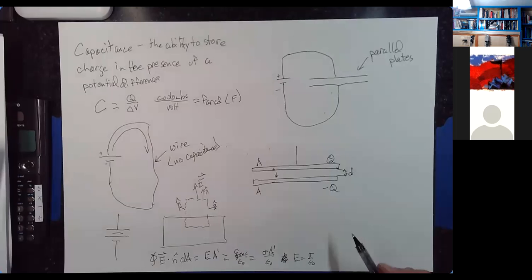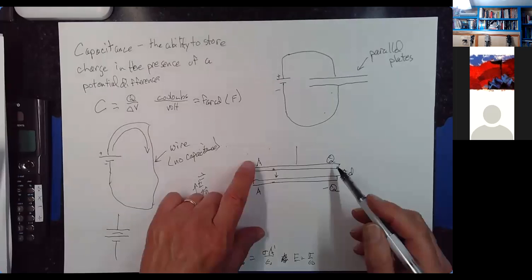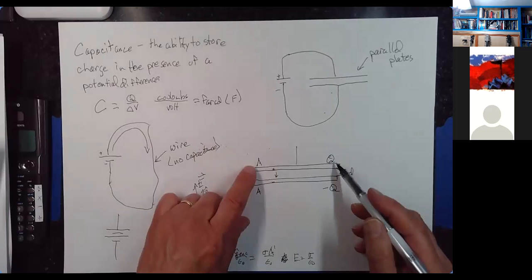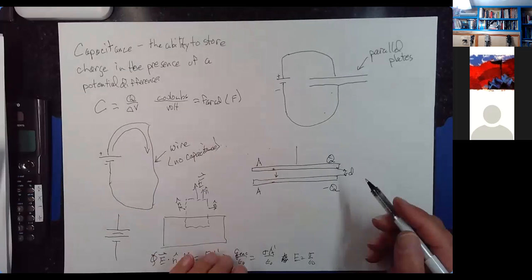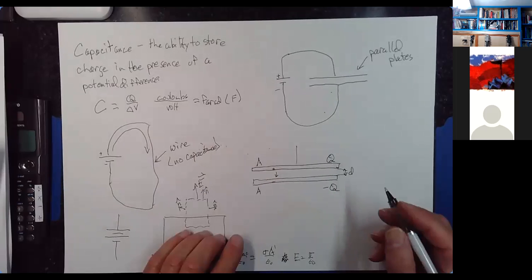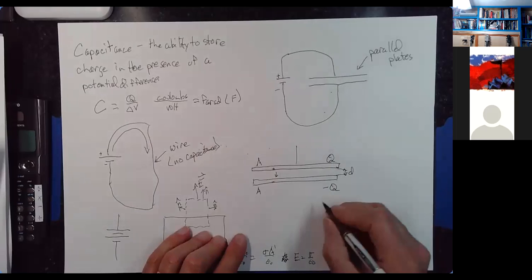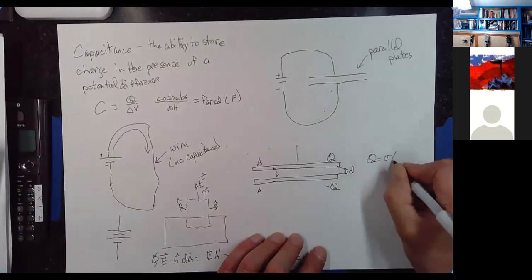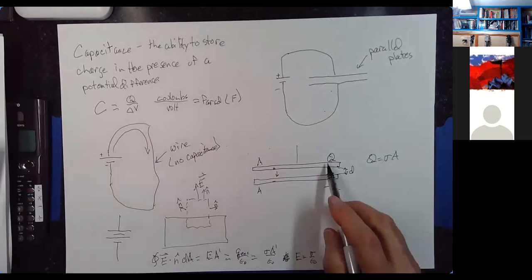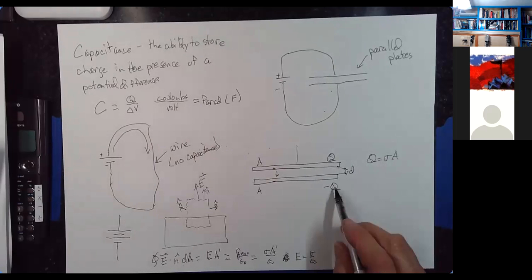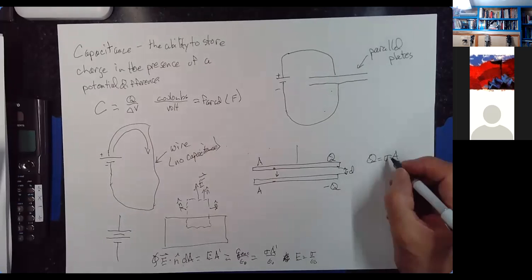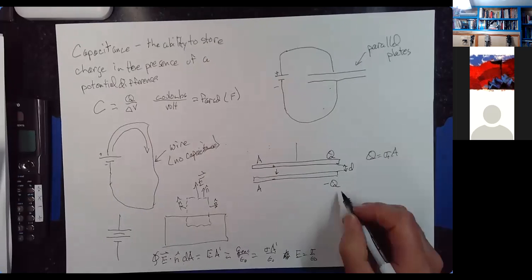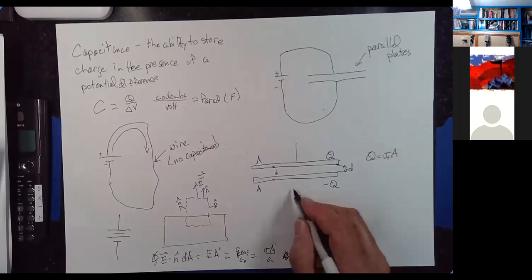Now, the total amount of charge that we have up here, Q, is going to equal sigma times A. So that's the charge on each one of these plates, minus Q. This will be sigma plus times A. I'll have the same charge density on the bottom.